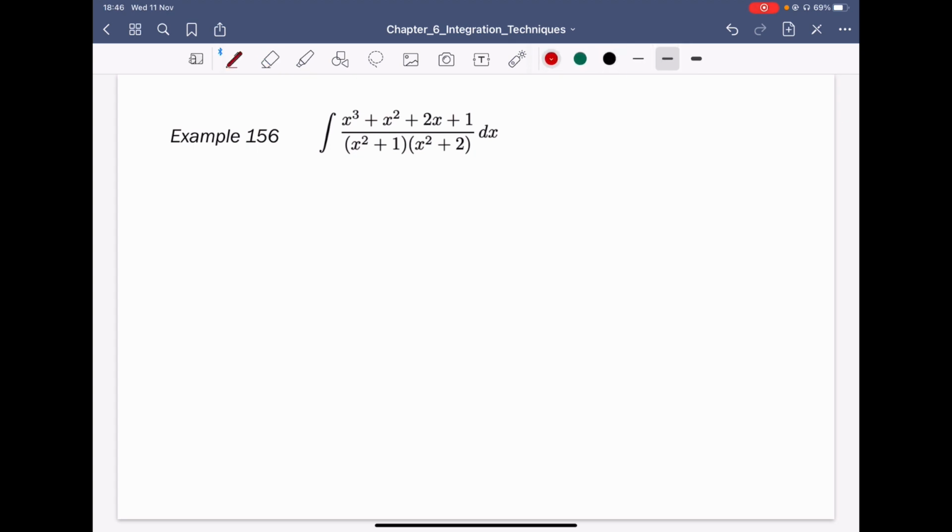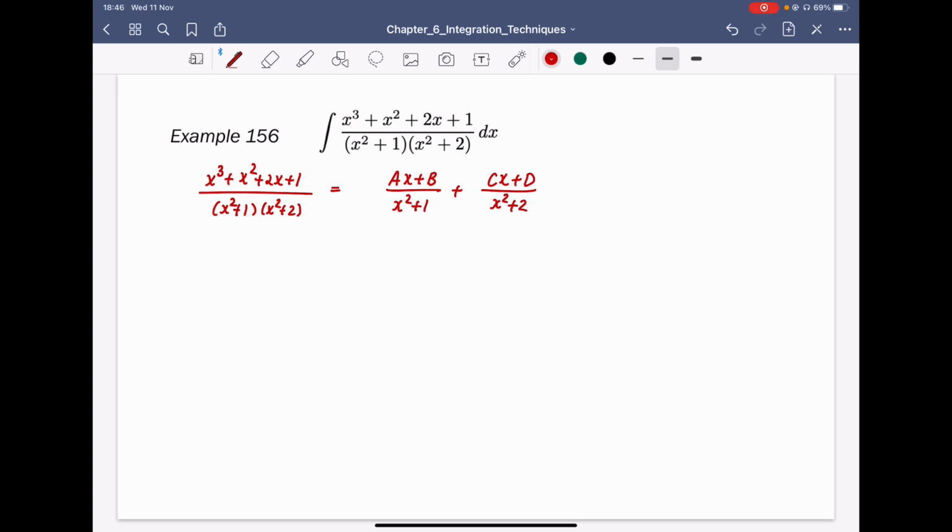We are going to set up x cubed plus x squared plus 2x plus 1 over x squared plus 1 times x squared plus 2. This is going to be ax plus b over x squared plus 1 plus cx plus d over x squared plus 2. So now you have 4 unknowns.